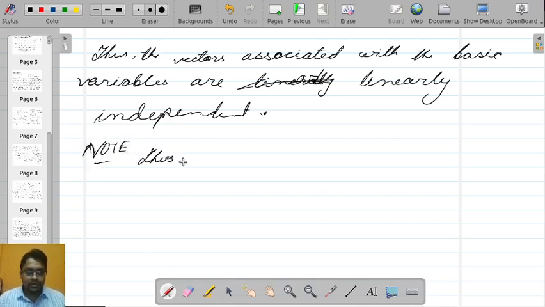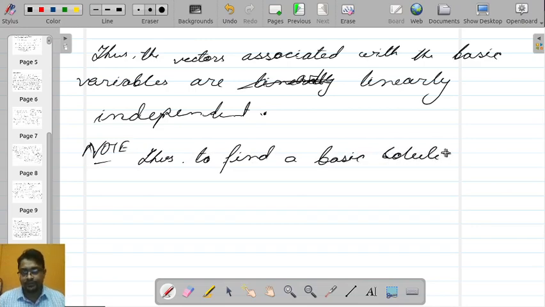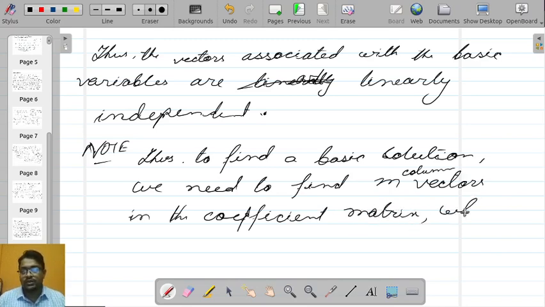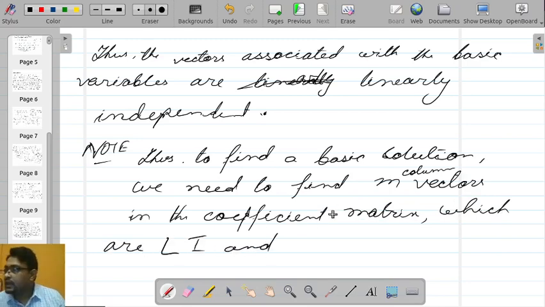Thus, to find a basic solution, we need to find m vectors, that is column vectors, in the coefficient matrix, which are linearly independent.